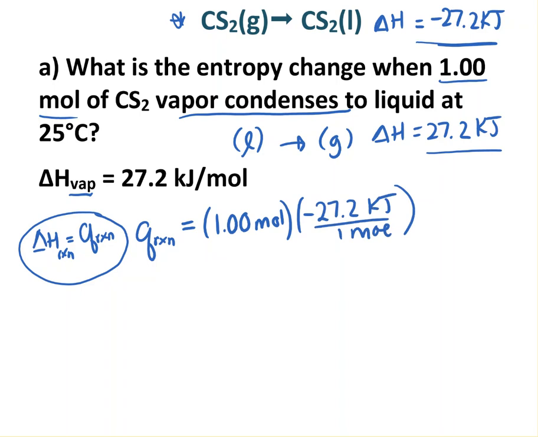And so, like I said, this is pretty simple. Okay, and again, this is the same thing as delta H for the reaction for what we're doing. This is because this is still the reaction here.